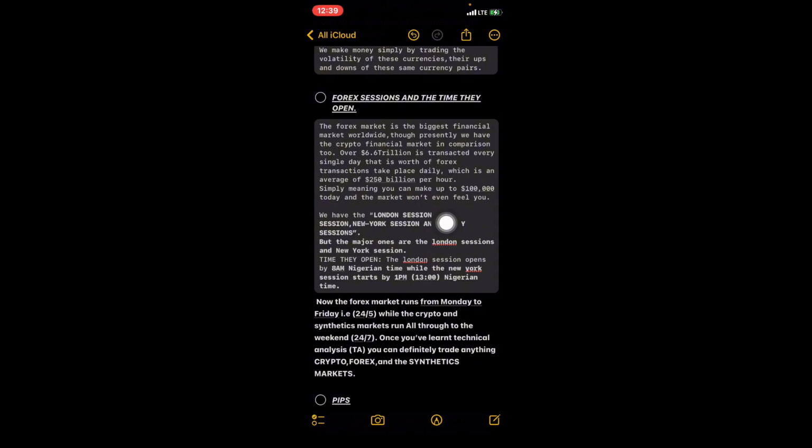They won't even notice you, and it will fill it up immediately. Someone will be liquidated almost that same amount. Let's not go into that, but it simply means you can make a whole lot trading forex alone.